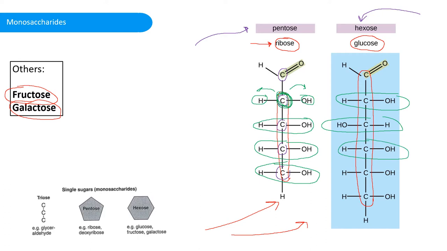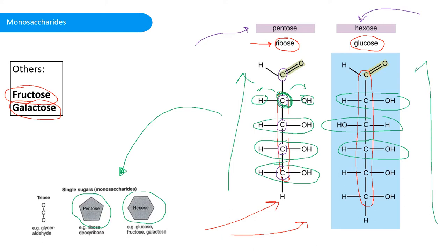Now, what you can see down in this bottom right hand corner is that sometimes in textbooks and when you read science information, you can see them described in a ring shape, in a sort of 2D shape, rather than in a linear shape like we've got up here with the chemical structure. We sometimes see it as a cyclical form, but don't worry about that.